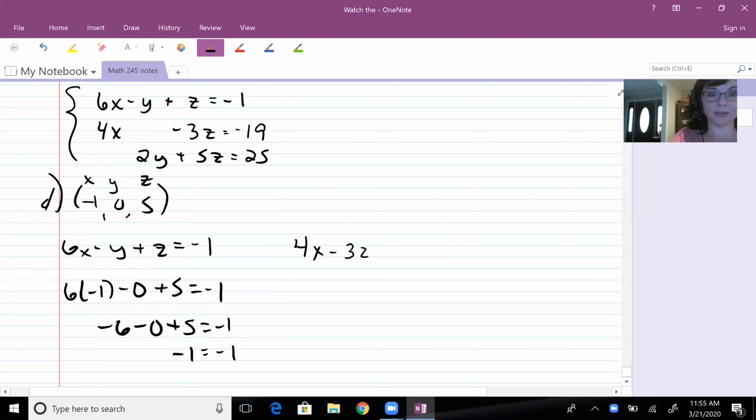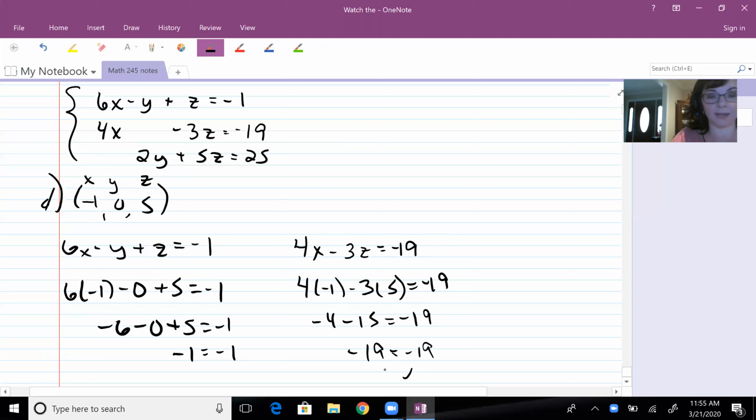4x minus 3z equals -19 is the second equation. So we're going to plug in a -1 for x and a 5 for the z. And it passes here too. So if it passes this final one, we have found a solution to the system.